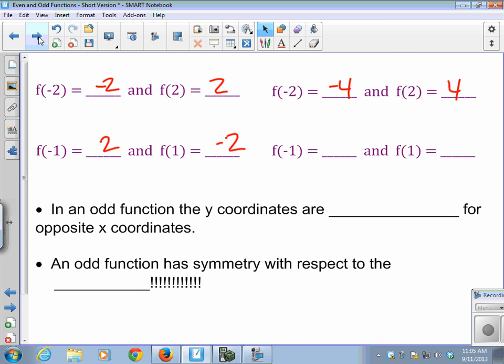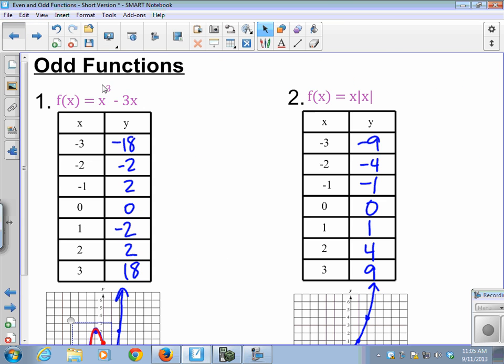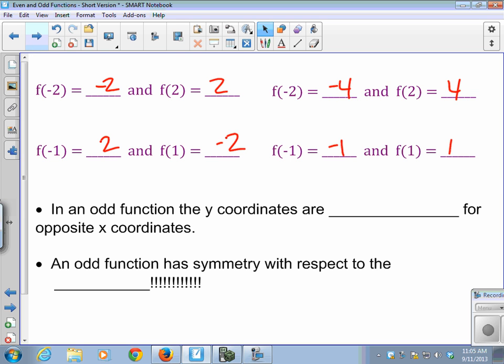In the second function, if we did negative 1 and 1, we'd get negative 1 and 1. So you can see that for opposite x-coordinates, I get opposite y's as well. So these are opposite, okay?